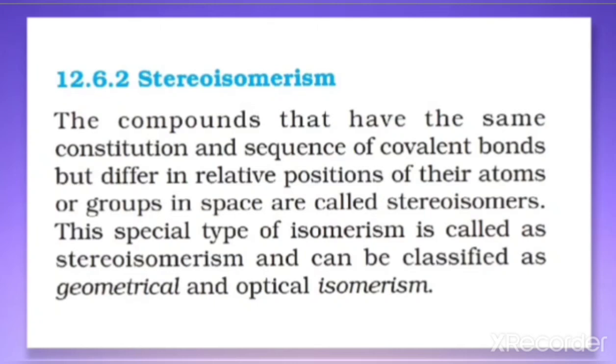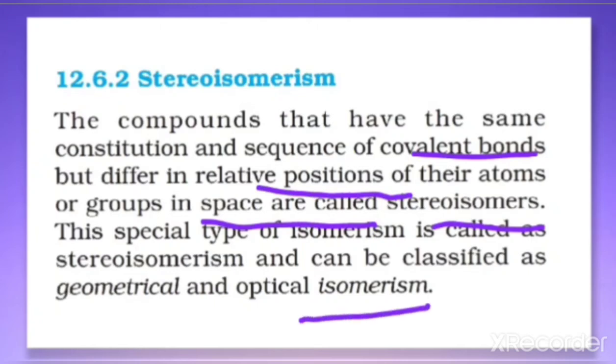That means they have the same molecular formula, the same sequence of covalent bonds, but the difference is the relative position of atoms or groups of atoms in space, around the double bond or the single bond, how these are arranged in that particular space. That is what is called stereoisomers. Here we will discuss two types of isomerism, geometrical and optical isomerism.